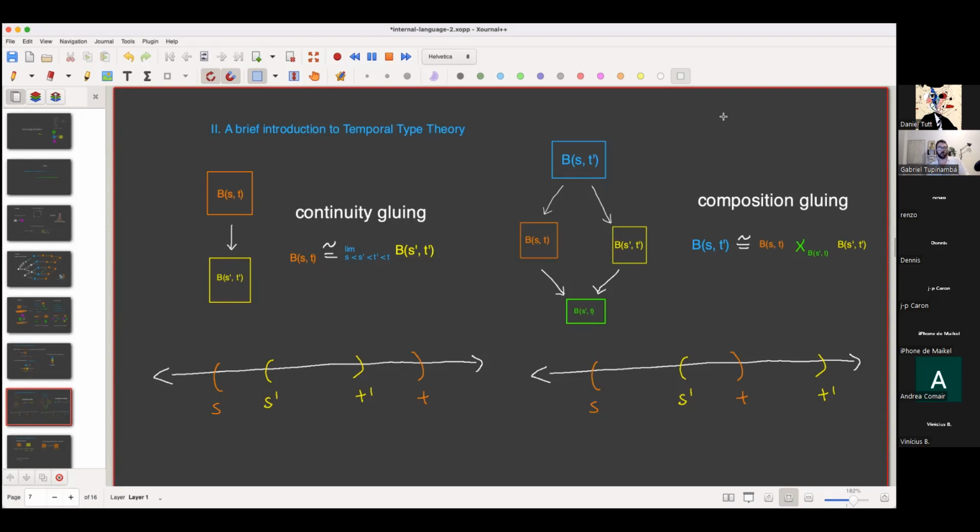Okay. And then the other type of gluing is called composition gluing, which is to say, okay, what if the two intervals don't contain one another, right? One is not contained in the other, but rather they have some kind of overlap. Then you need composition gluing, which is to say that these two intervals agree on some overlap, which is in this case the green box.